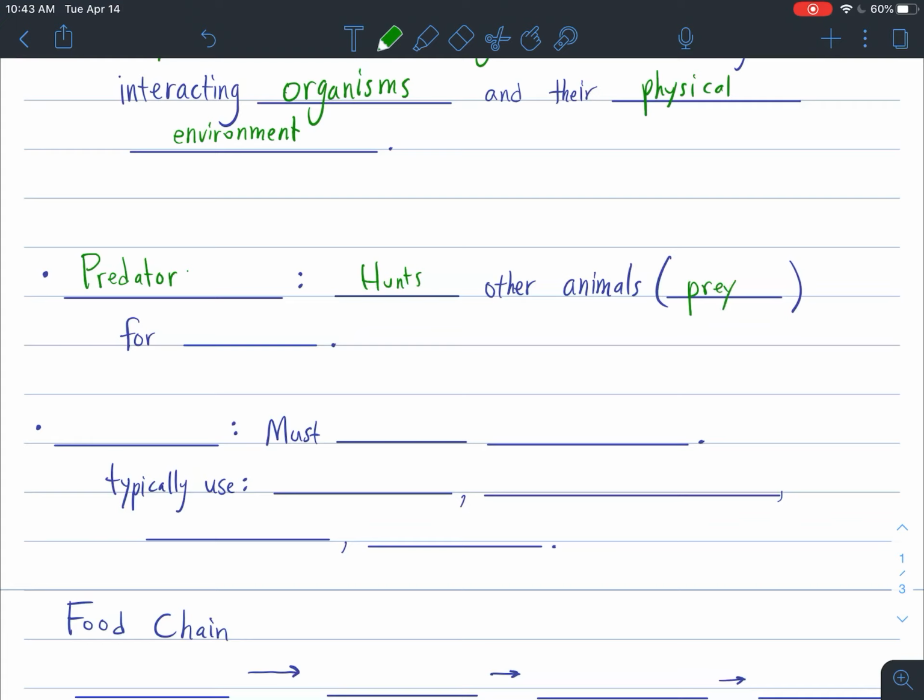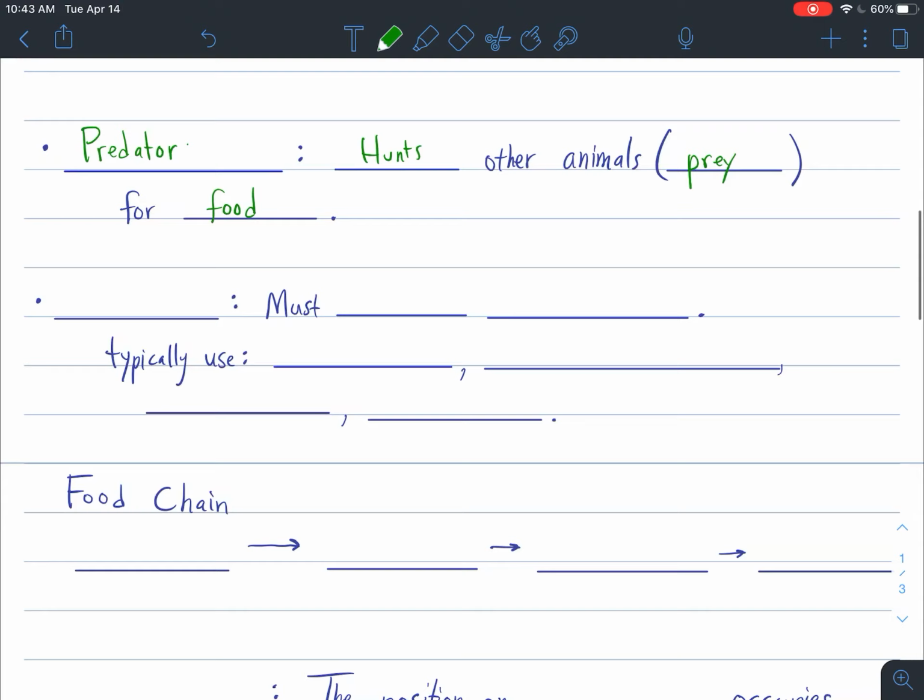So predators hunt other animals for their food. Basically we could say they're meat eaters because they're eating other animals. And prey are the animals that get eaten by the predators, and prey must avoid those predators, at least to the best of their ability.